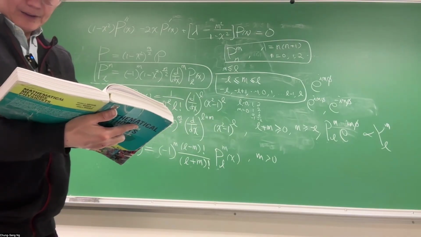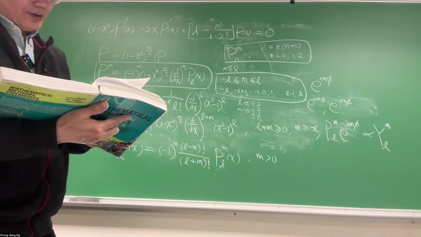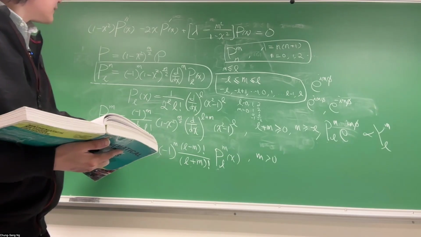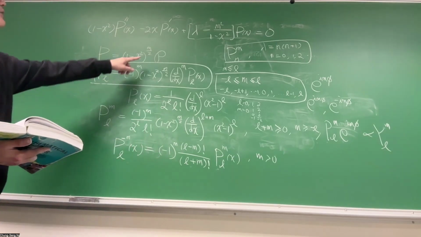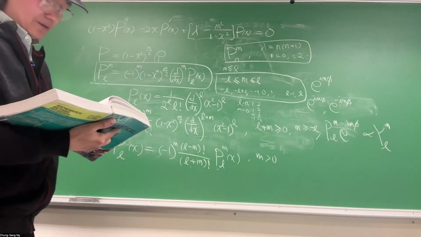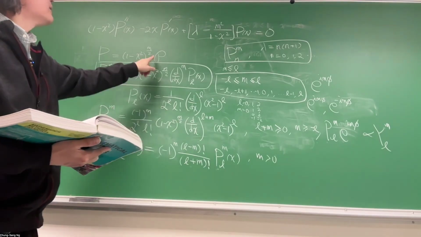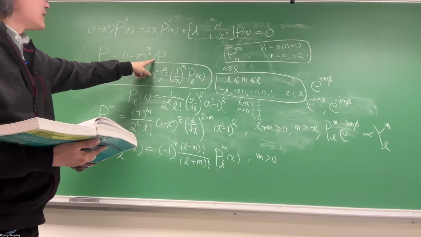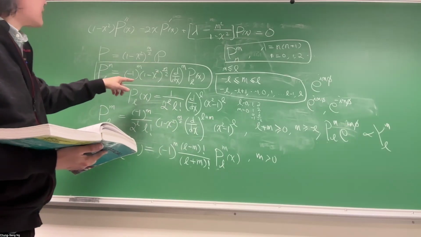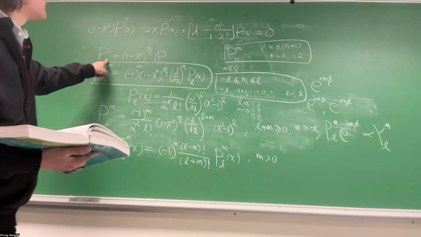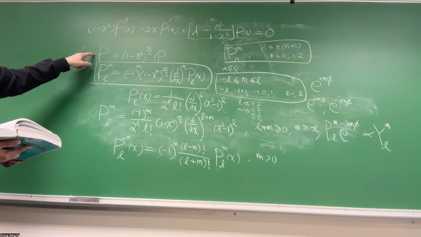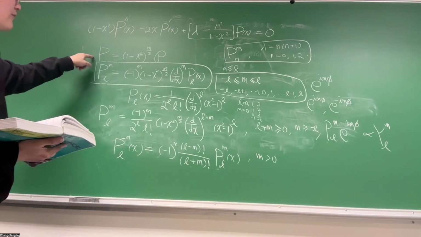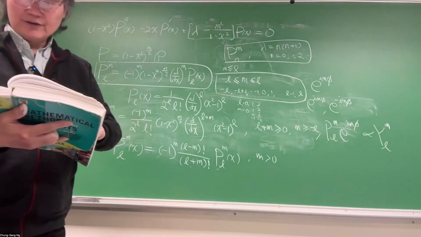And the recurrence formula for this PLM actually comes from the script P. Right, so you first work on the script P recurrence formula first, then using this definition, extend that to the recurrence formula for the associated Legendre function.